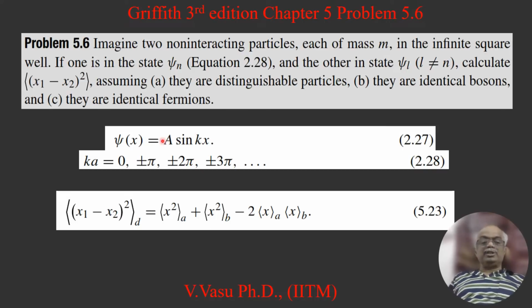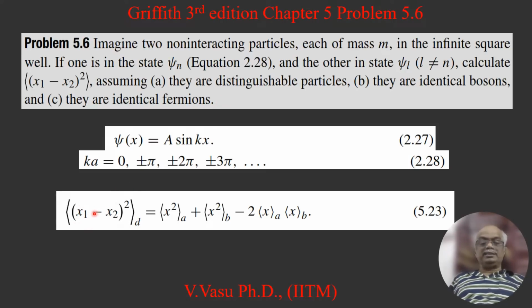From equation 2.27, the wave function we know is the well-known wave function for the infinite square well potential: psi of x is equal to square root of 2 over a times sine kx, where ka is equal to 0, plus or minus pi, plus or minus 2 pi, plus or minus 3 pi, and it will go on. In section A, we have to calculate if the particles are distinguishable.